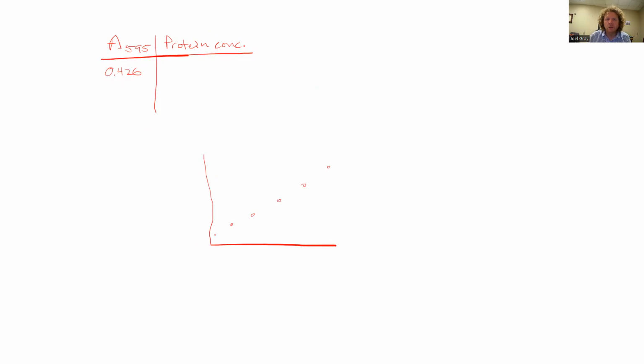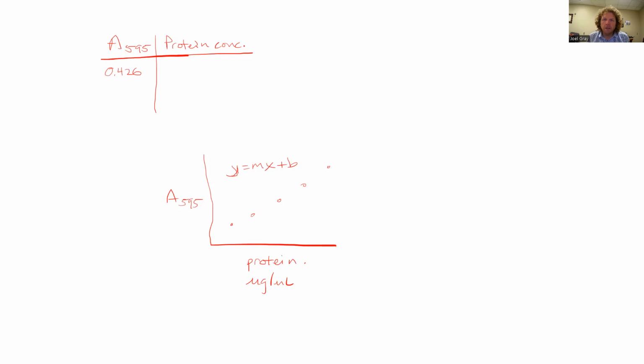And from this, you came up with a y equals mx plus b, a line of best fit or an equation for that. Your y-axis for this graph will be your absorbance at 595, and then your x-axis is going to be protein concentration. The units for protein concentration will be micrograms per microliter, and your A595 is an absorbance, and therefore it has no units.